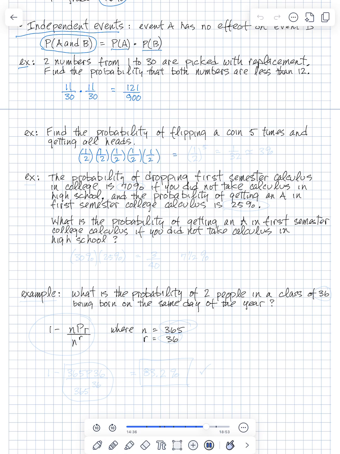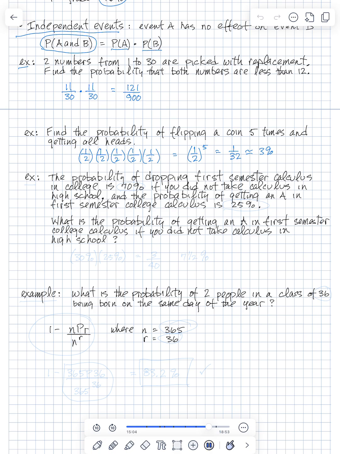So this is 1/2 to the 5th power, which is 1 over 32. So this turns out to be roughly 3%. So you have about a 3% probability of flipping 5 heads in a row or 5 tails in a row.